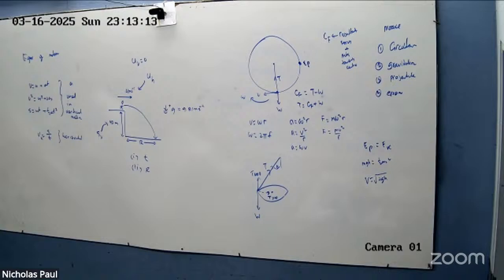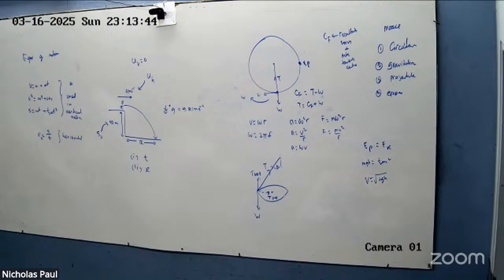All you want is MV squared over R, MV squared over R. I used B omega R. No, just M B omega.